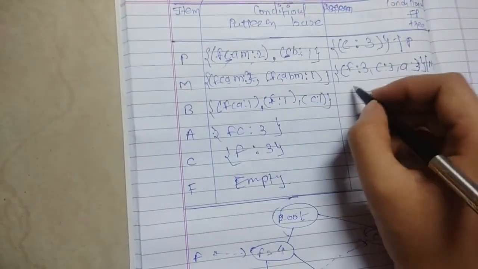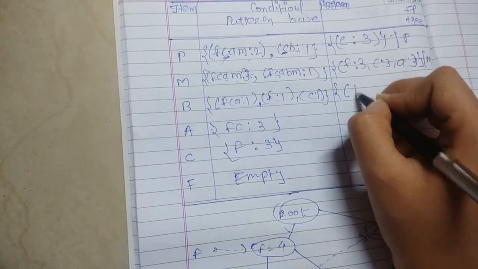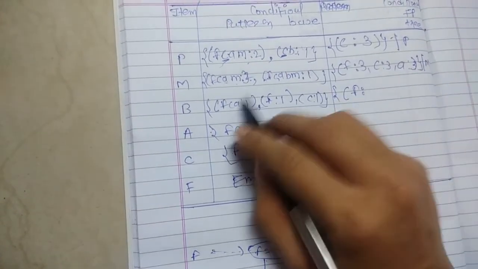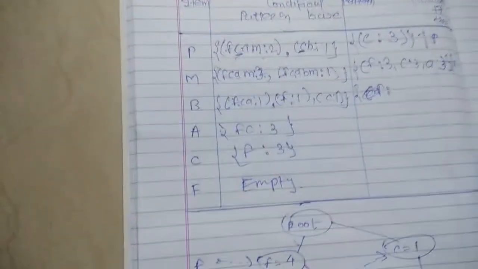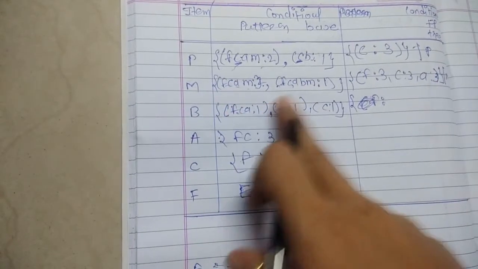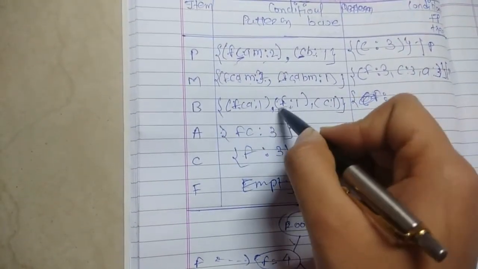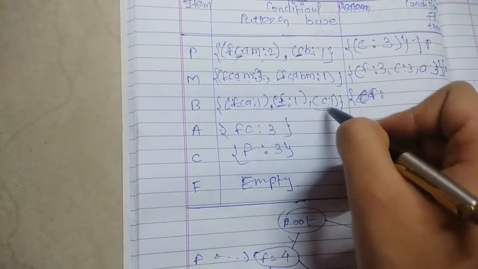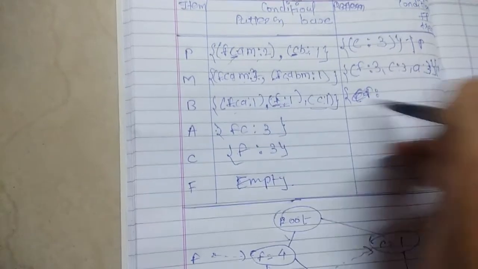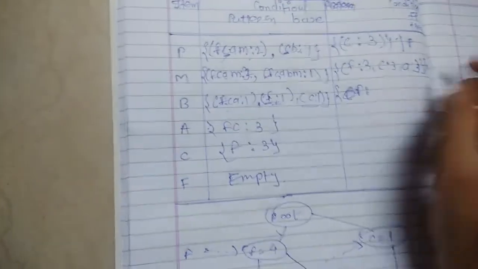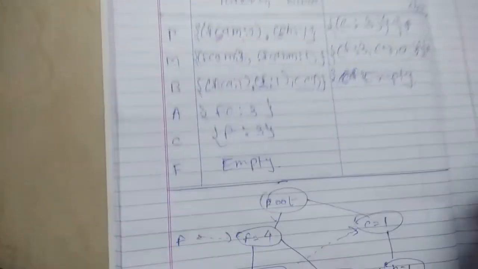Same as in this transaction, we have to write the items which are repeated in each and every transaction. Here F is repeated 2 times but not in this one, and C is repeated 2 times but not in this one. So in this nothing is repeated, so we write empty.